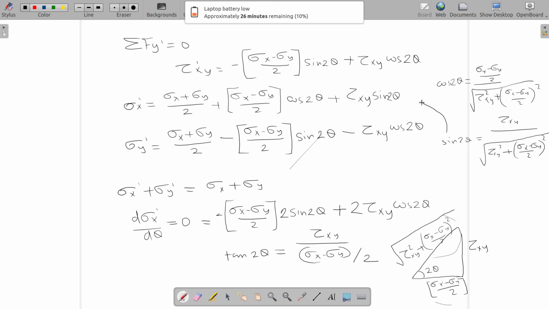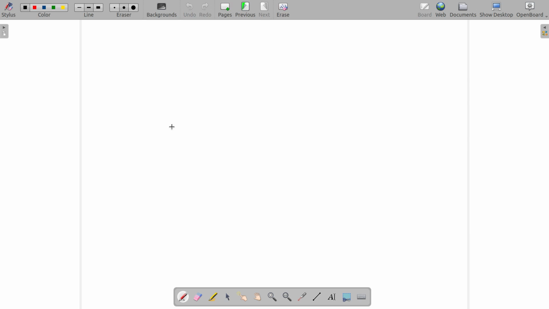Now if you substitute these two here, you will very easily see that the maximum value of sigma x dash will be sigma x plus sigma y by 2 plus the square root of sigma x minus sigma y by 2 whole square plus tau xy square.